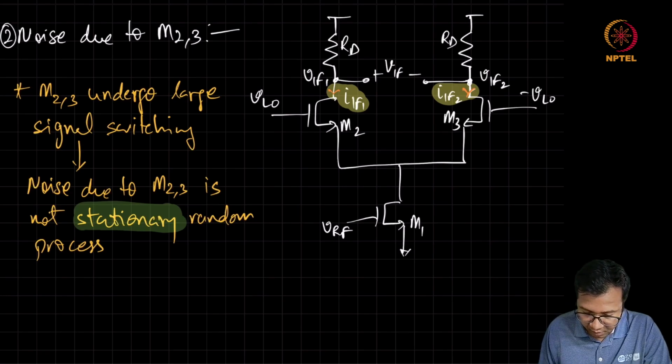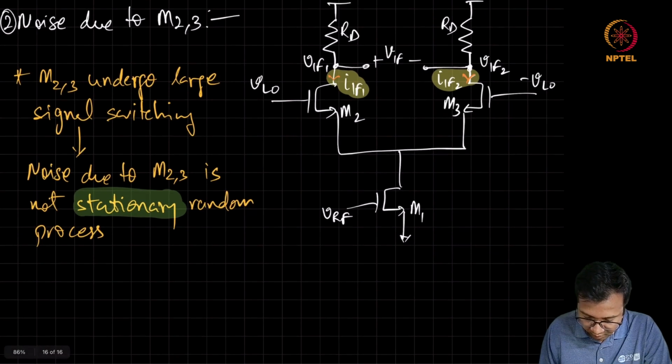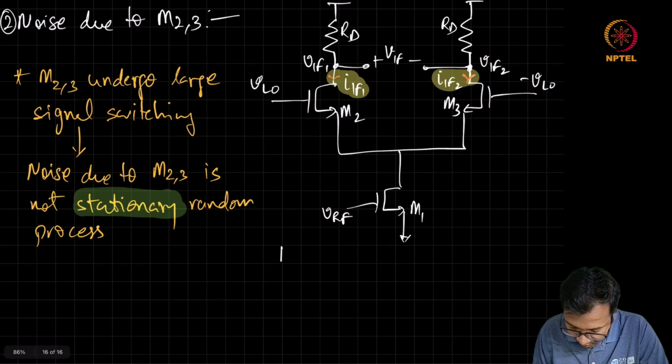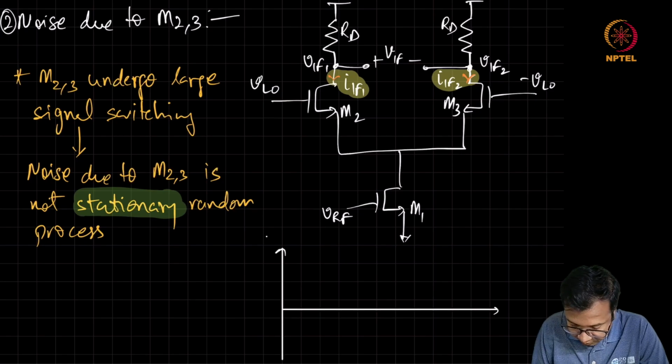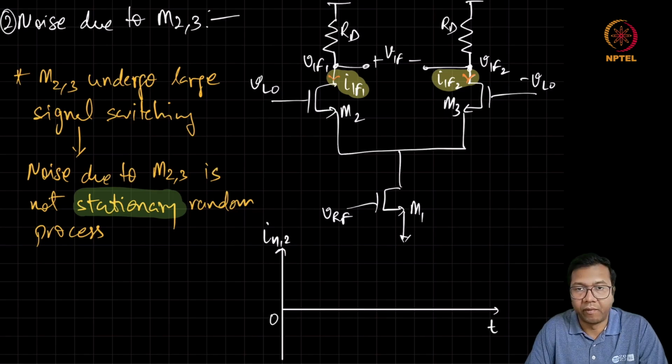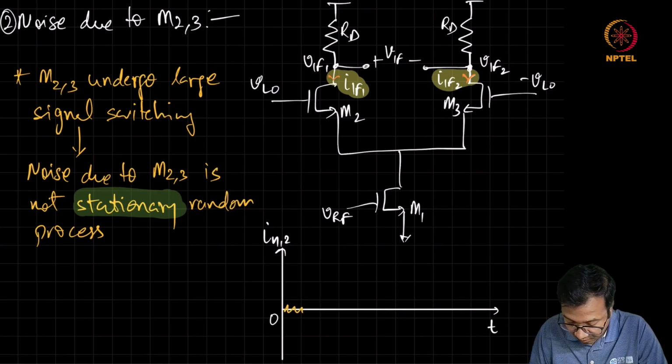For example, if you have to observe the noise due to, let's say, M2, let's say we have access to the noise in the M2 drain current, we'll see that it is going to be present for some time, then absent, again present, absent, and so on.